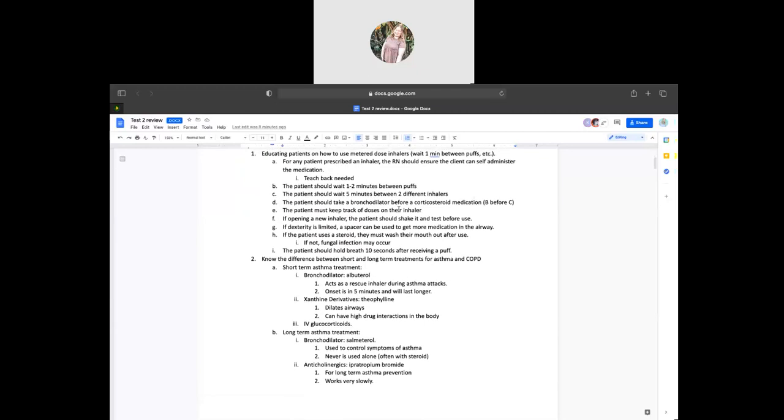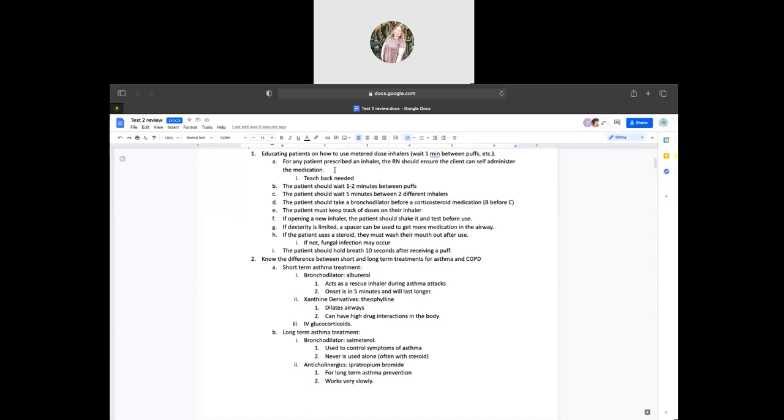So the first thing we have here is we need to educate our patients on how to use a metered dose inhaler. For any patient prescribed an inhaler, the nurse should ensure the client can self-administer the medication. So we're going to need to do that teach back. Why? Well, if a patient has an inhaler and they get in a crisis situation, for example, an asthma attack, they're going to need to know how to administer that inhaler.